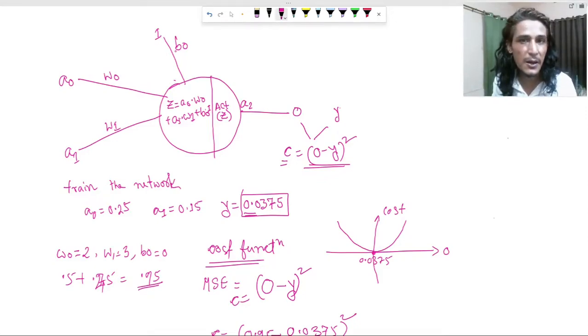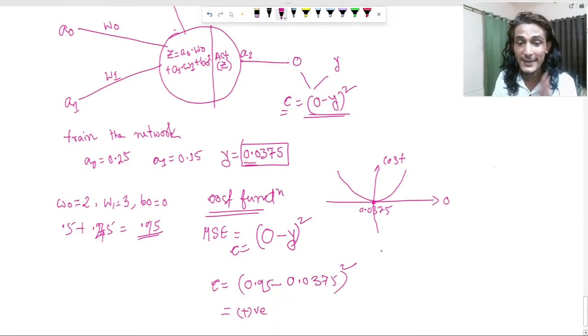It is now a problem of optimization. We want to set these values W0, W1, and B0 so that the value of the cost function is optimized. In this case, we are looking for the minimum value, so it becomes 0. Got it? Defining the problem in that way helps us, because there we have a standard way of doing it.